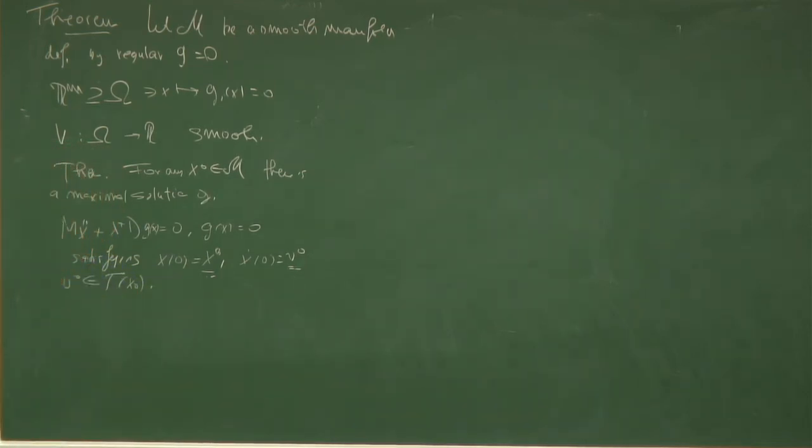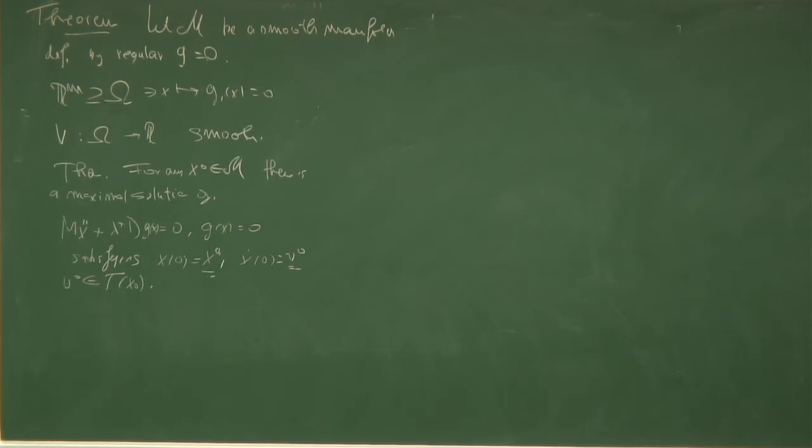And for them, you say there is exactly one maximal solution of this system. In which sense maximal? Well, maximal is that there is not any other solution which is larger than it. That's clear. Definition of a maximal solution is clear.